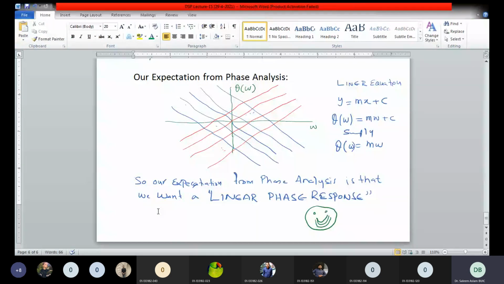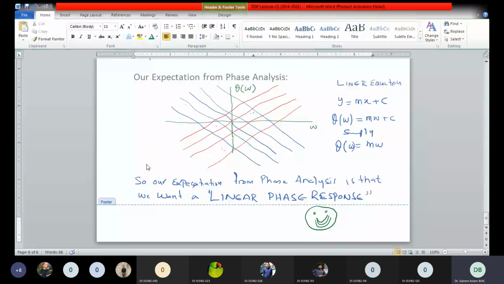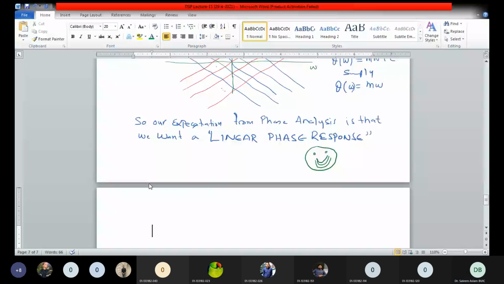Let me add one more thing here, that all FIR systems have linear phases. जिस तरह वो पैदाइशी तौर पे स्टेबल होते हैं, इसी तरह FIR सिस्टम का हमने दूसरा बड़ा एडवांटेज देखा था, फेज रिस्पांस of FIR systems, finite impulse response systems.